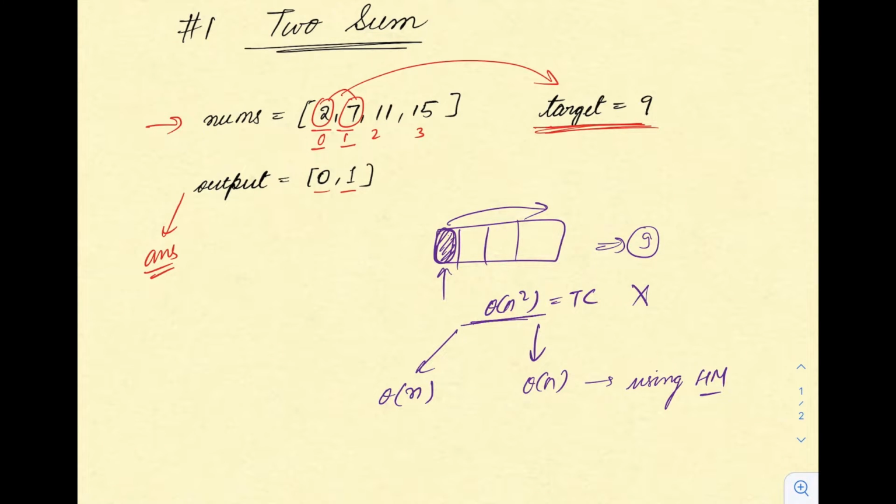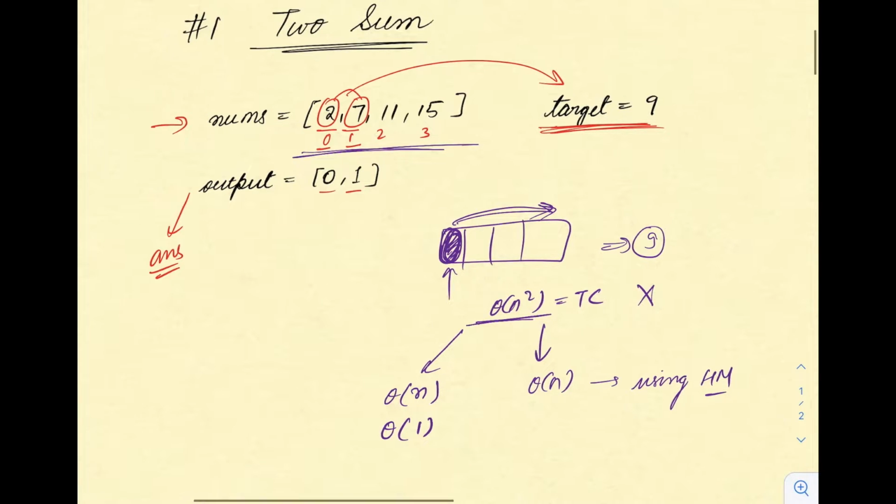Basically we will still be iterating over the array one by one, but if we are able to find the counterpart in O of 1 time complexity, then the overall time complexity will reduce to O of n. Okay, so what do we actually mean by counterpart? In this example, let's say we have 9 as a target that we want to achieve, and if we take 2 as the first input, then 2 plus something should give us 9, right?